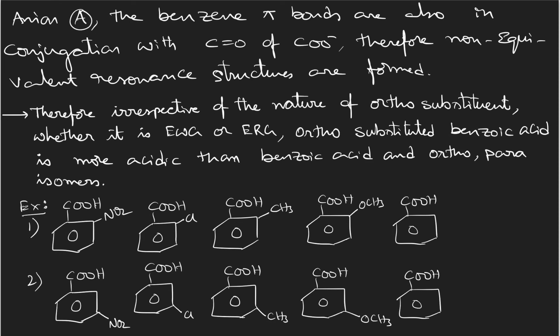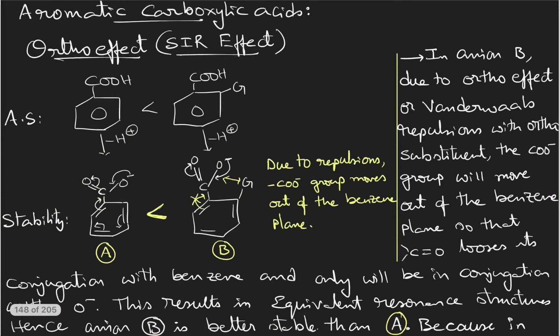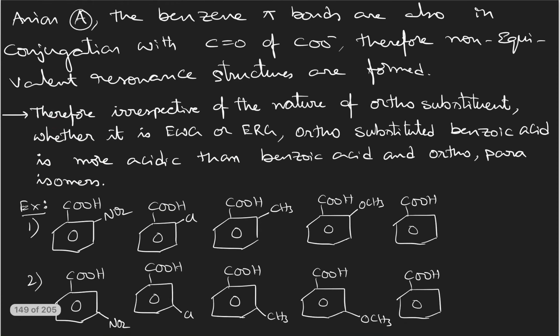So what is the conclusion here? Tell me. As this is more stable, its respective acid should be more acidic. That means the acidic strength of ortho substituted benzoic acid is more than that of unsubstituted benzoic acid. What is the nature of this group? We don't know what group it is. There is no condition here. This can be an electron releasing or an electron withdrawing group.